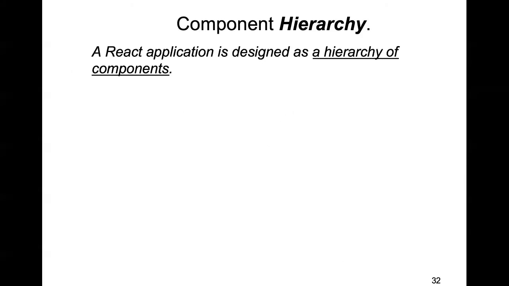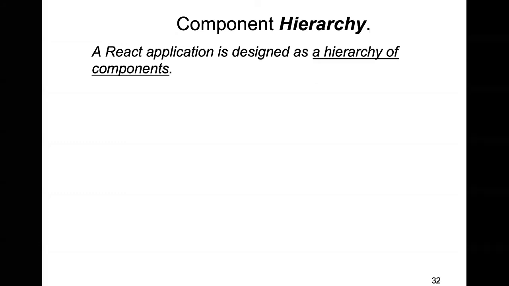So every React application that was ever developed is going to be, from a design point of view, a hierarchy of components. There is going to be a component at the top. It's going to have children. Those children will have their own child components, and so on down along. It won't be a balanced kind of hierarchy, but that's the way it turns out.